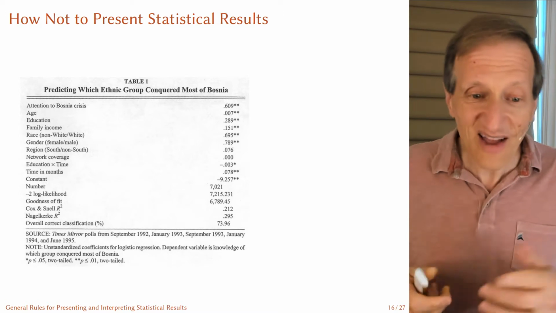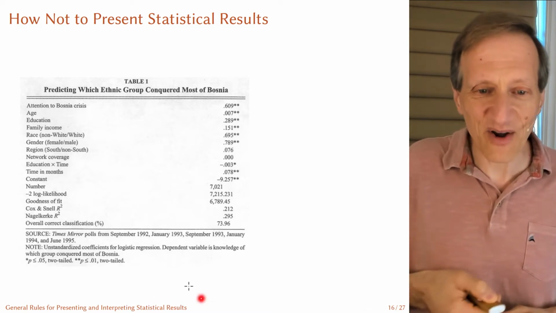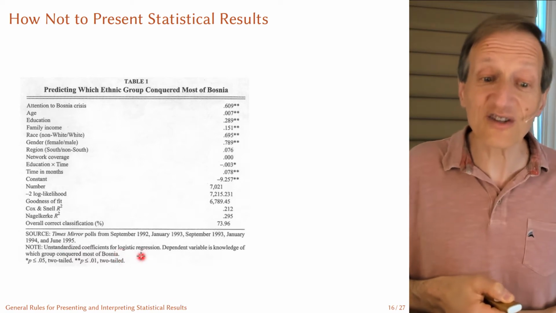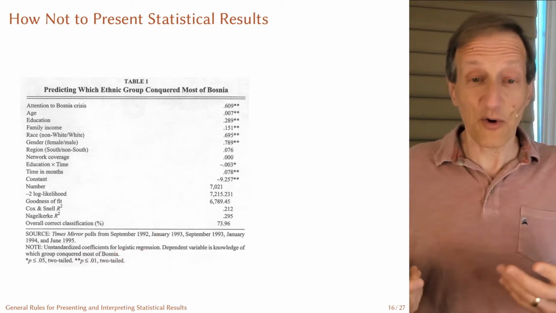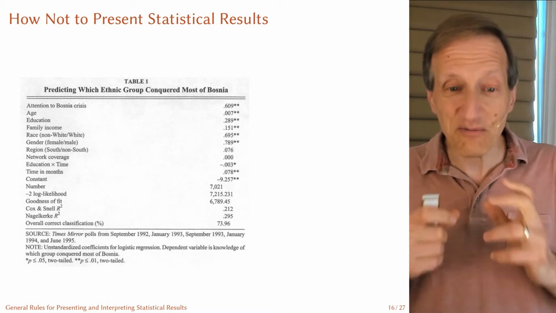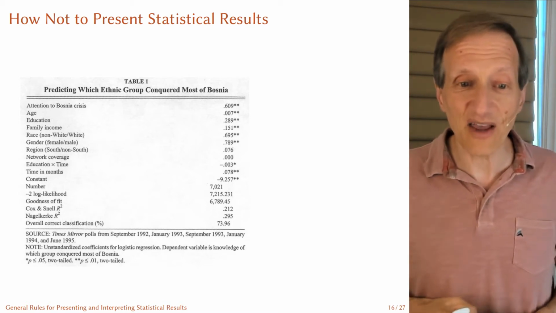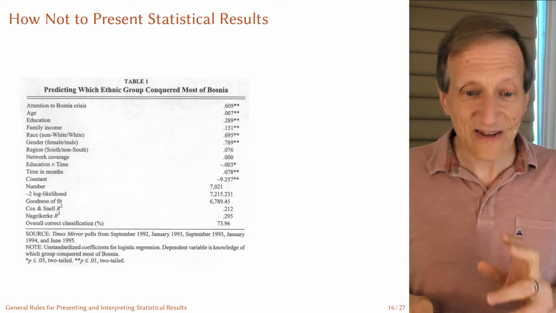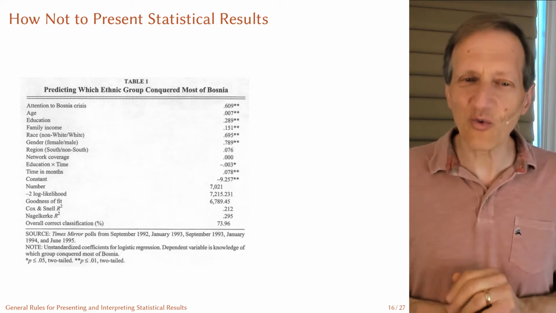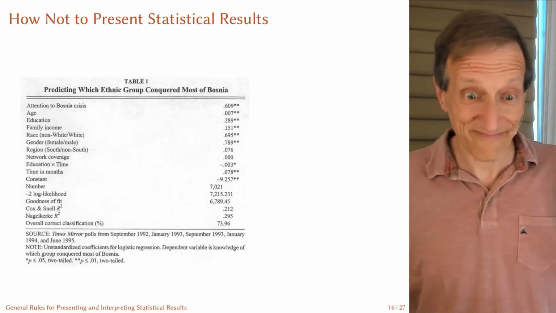But, well, presumably it is binary because over at the bottom here it says unstandardized coefficients for logistic regression. So I don't know why they were unstandardized to begin with, but it says logistic regression. So it must be that the dependent variable is binary. The title is predicting which ethnic group conquered most of Bosnia. So which is the 1 and which is the 0? I don't know.